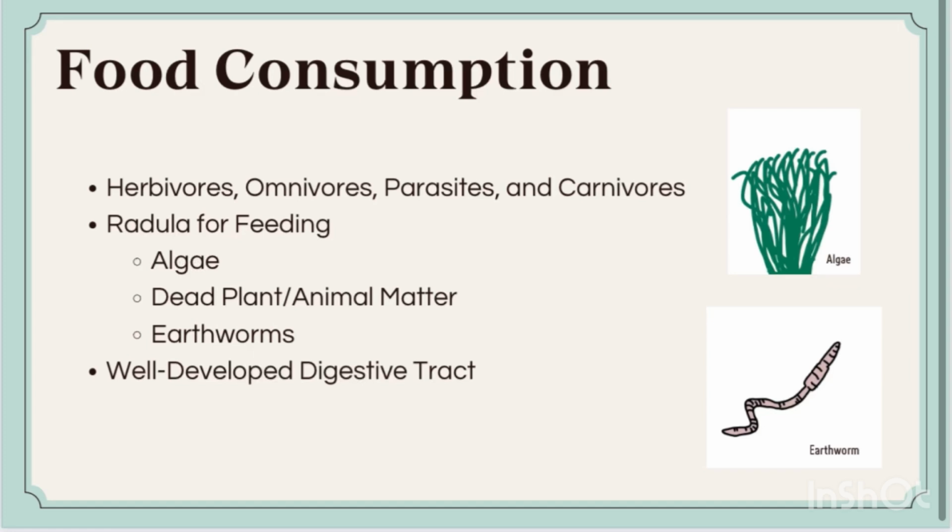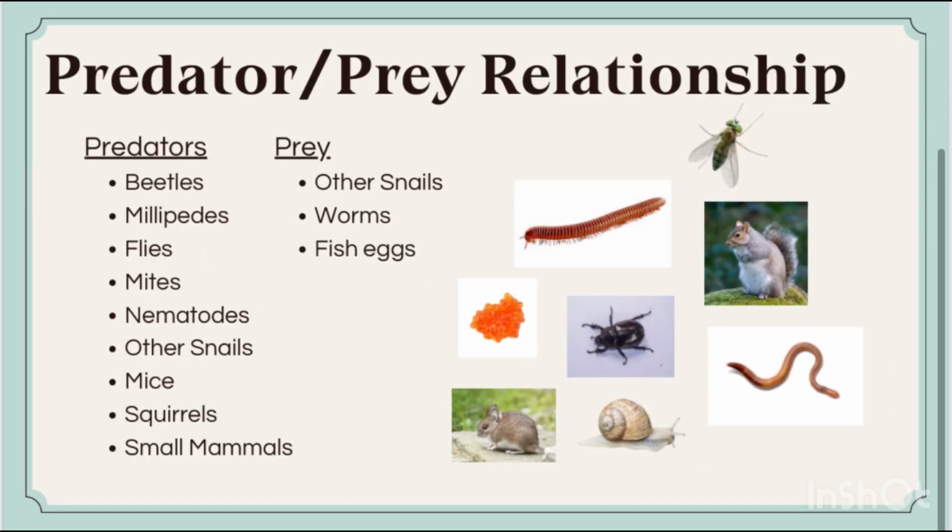While they are predominantly herbivores, these gastropods can also be carnivorous, omnivores, even include some parasitic species. The majority of their diet will be algae or plants, and then dead plant and animal matter. But if they're carnivorous, they'll also eat earthworms, among other things. And snails also have a very well-developed digestive tract, which is very important.